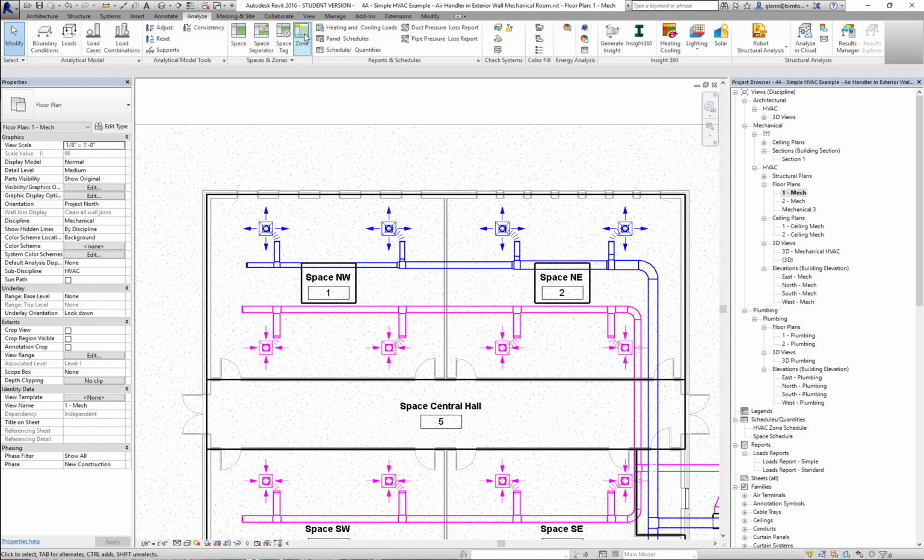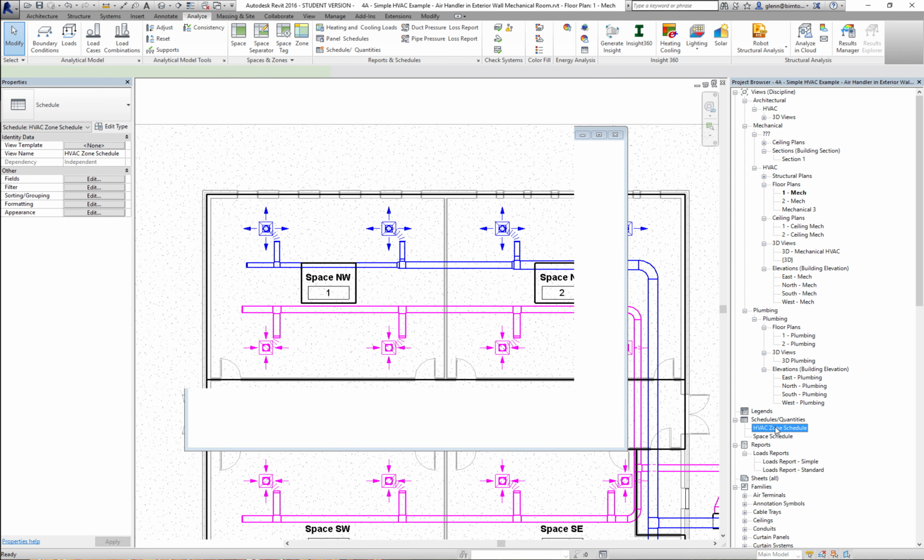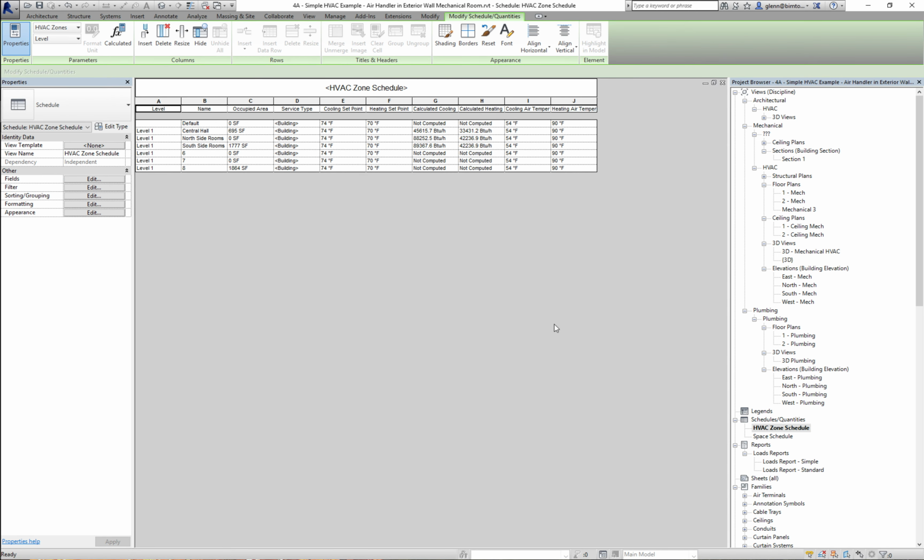I'm going to get rid of my zones. What I'm going to do, that is probably something a little strange to do, but it'll work, is to go through and create a zone schedule. Looks like I have some zones here. There's nothing computed right there.